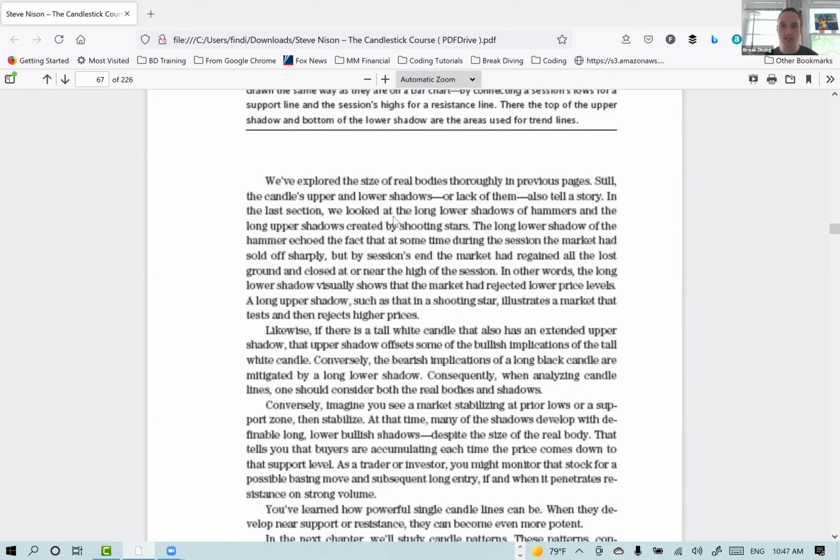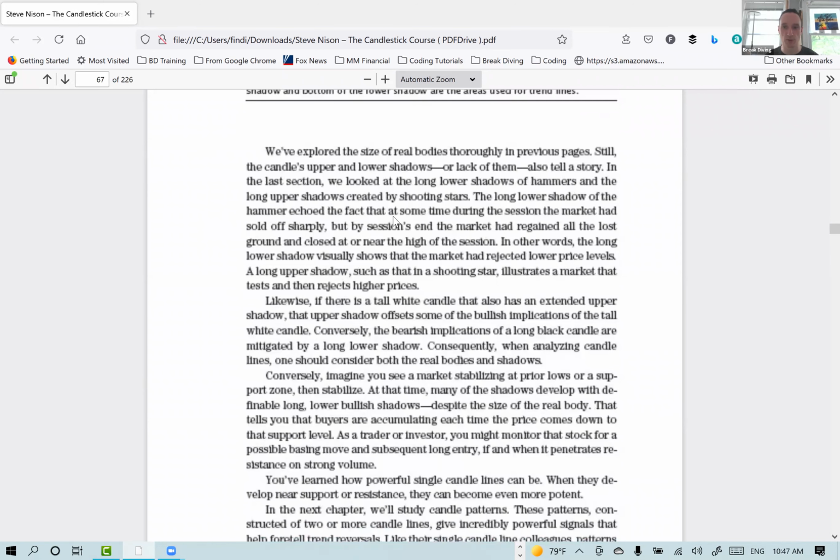We've explored the size of real bodies thoroughly in previous pages, but the upper and lower shadows, or lack of them, also tell a story. In the last section, we looked at the long lower shadows of hammers and the long upper shadows of shooting stars. The long lower shadow of the hammer echoed the fact that at some time during the session, the market had sold off sharply.